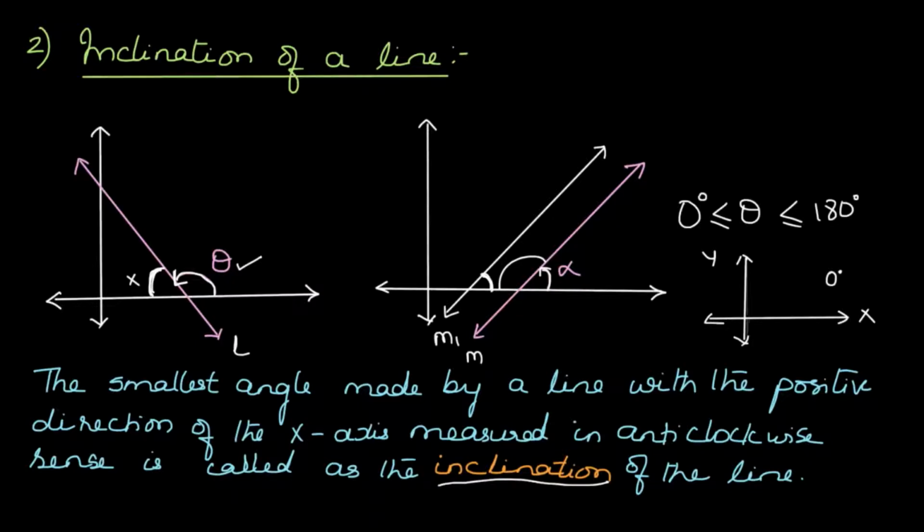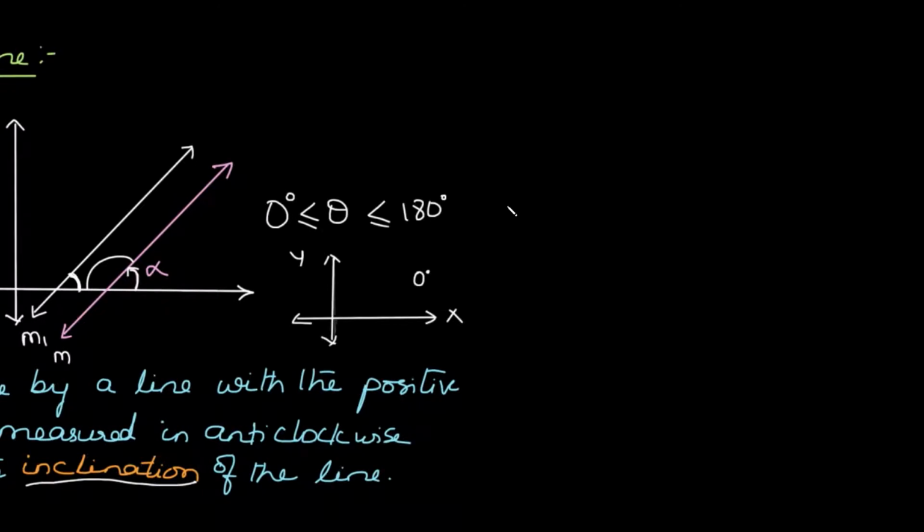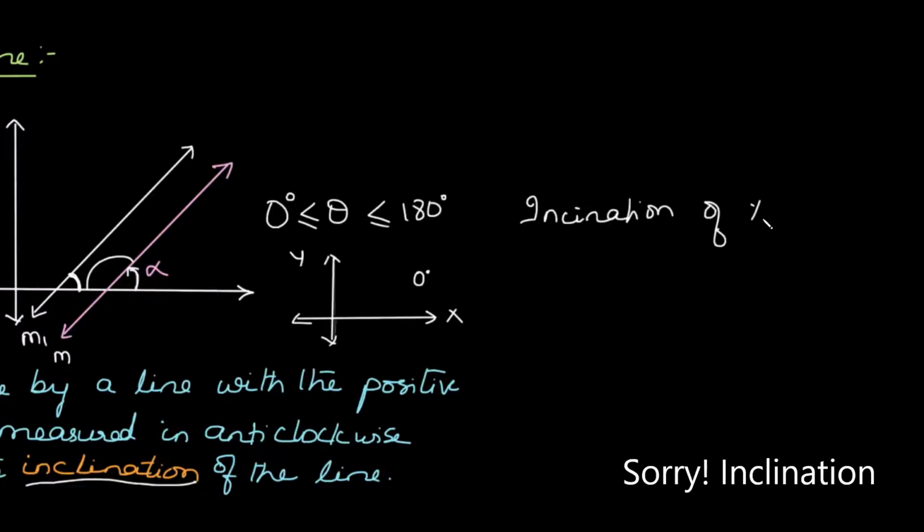And therefore, we can say that the inclination of the x-axis is 0, because it makes angle 0 degree with itself. Any other line which is parallel to the x-axis also will have an inclination of 0.